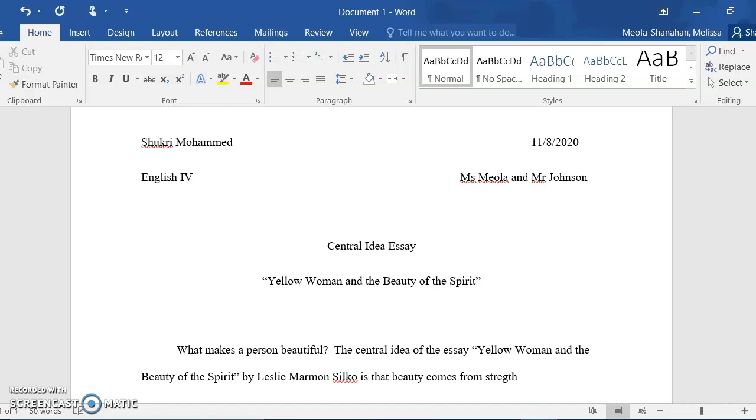Now, she used a little bit different central idea than we developed in class. That's okay. You can still use ours that said beauty comes from strength, courage, and the differences among us. She's just talking about strength.